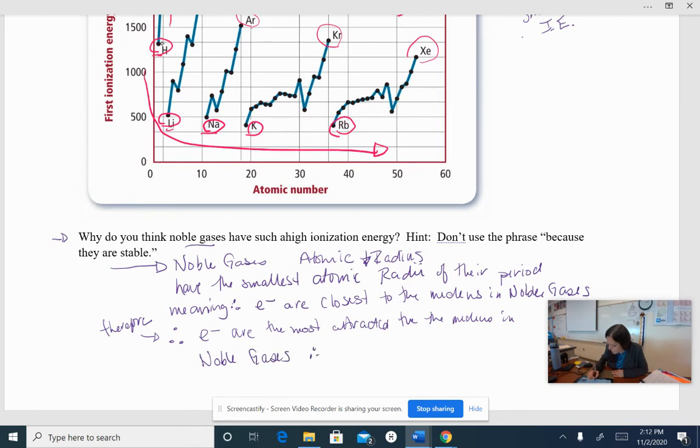Therefore, the hardest atom of a period to ionize will be noble gases. Okay?